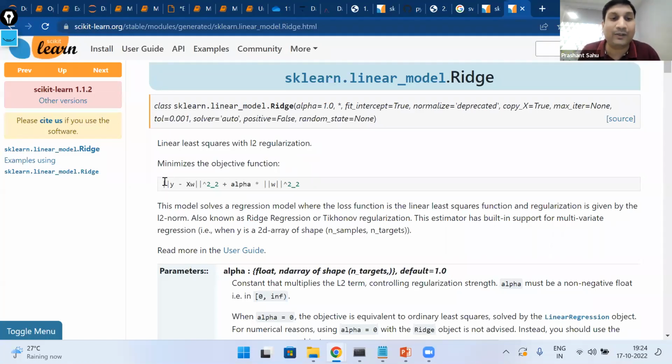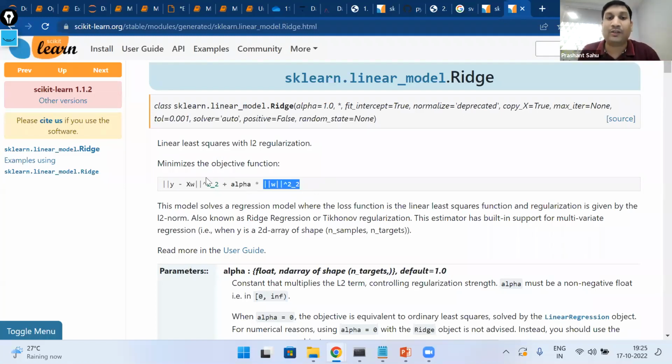It clearly tells you this is your SSE term, the sum of the squares of the error. And then there is some regularization parameter. You can call it alpha, you can call it lambda, and this is the square of the L2 norm, which is essentially the sum of the squares of the model coefficients. We'll not get into all the details, but anyone who knows what ridge and lasso are definitely knows what I'm trying to say.